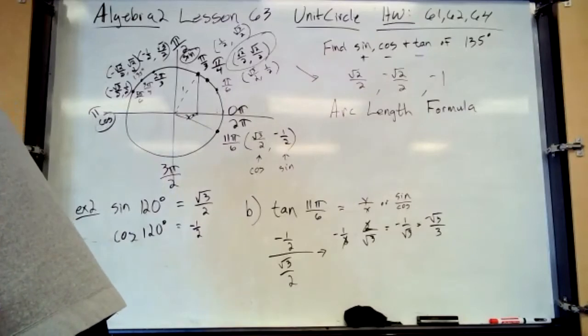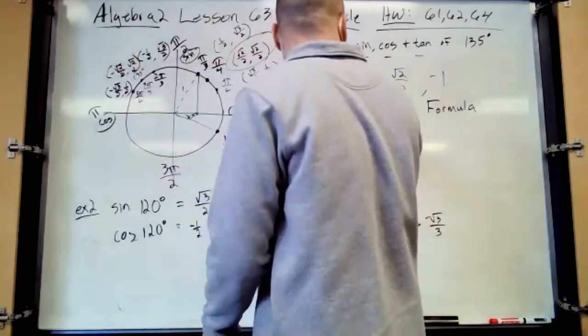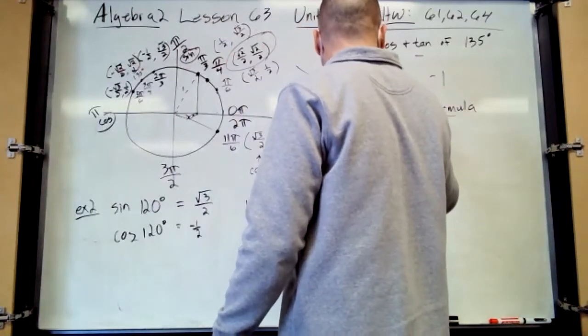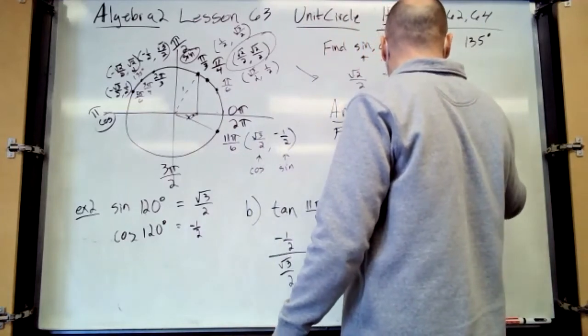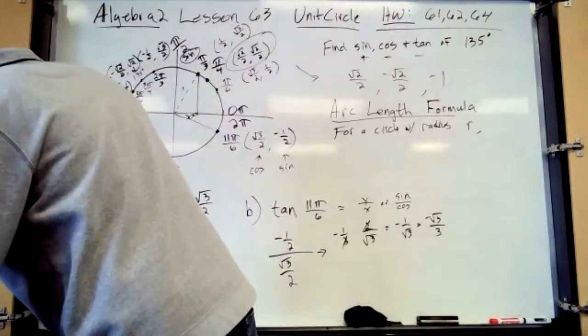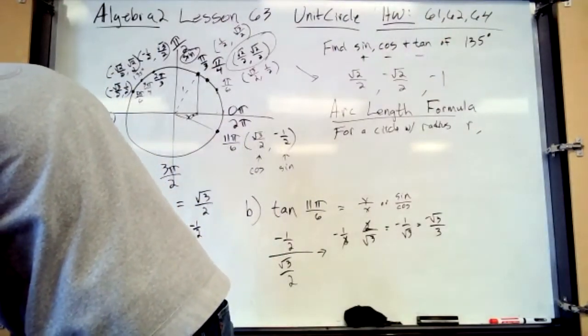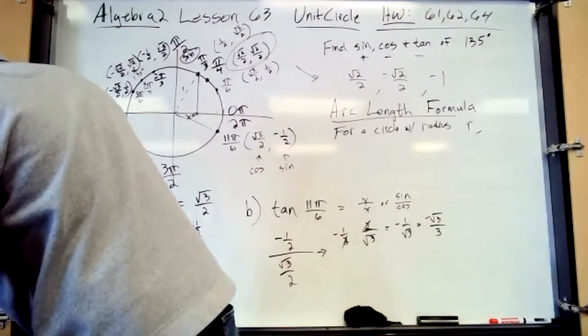So let's just write this out. For a circle of radius r, arc length s intercepted by a central angle theta measured in radians is given by this formula.